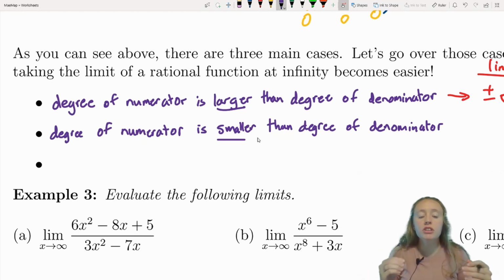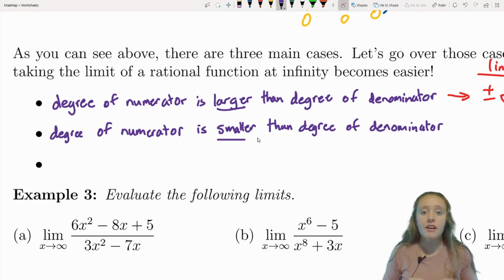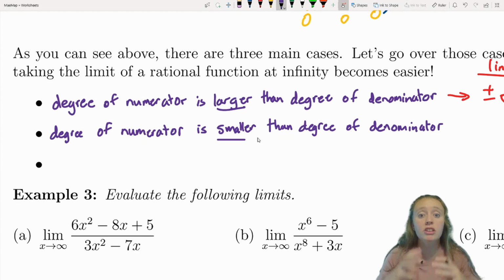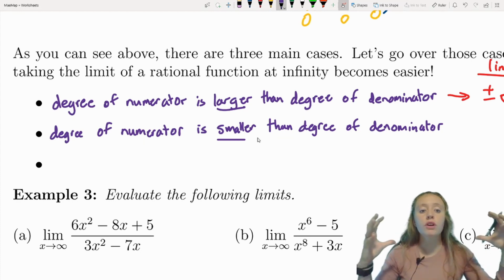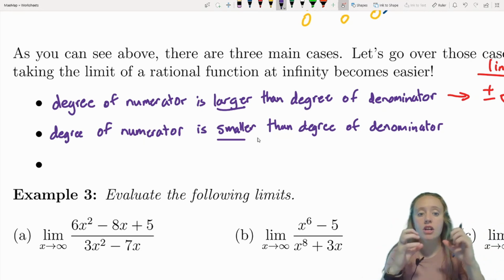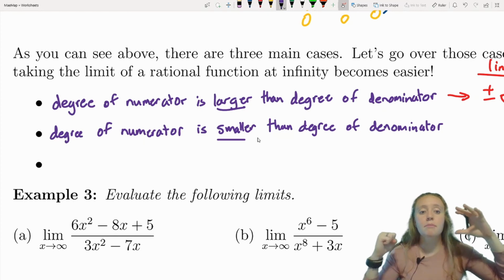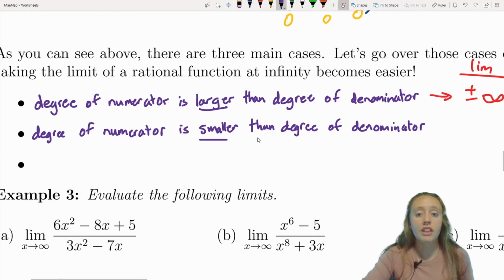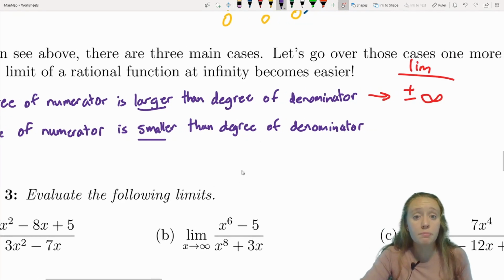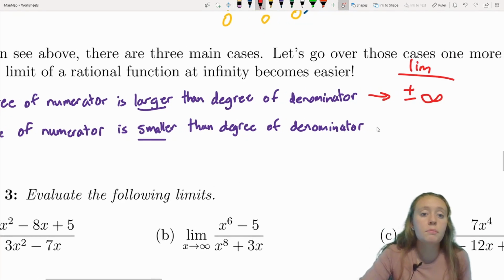That means our denominator is growing faster, so our overall denominator is getting larger, which means our overall fraction is getting smaller. Our denominator grows so much faster than that numerator, making the overall fraction go towards 0. So the limit, when the degree of the numerator is smaller, is going to be 0.